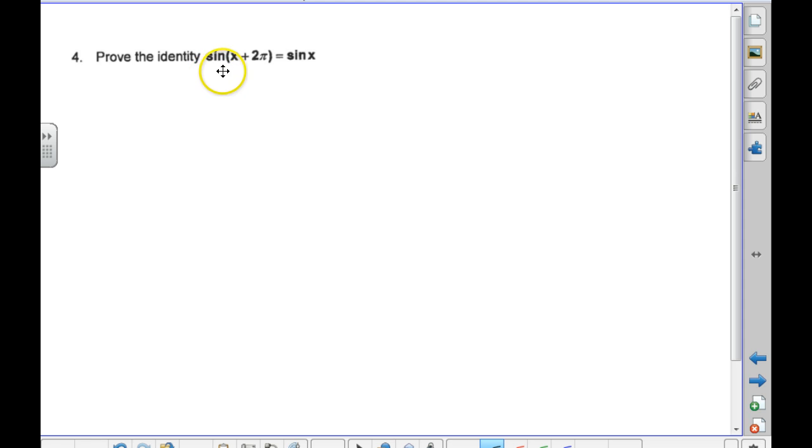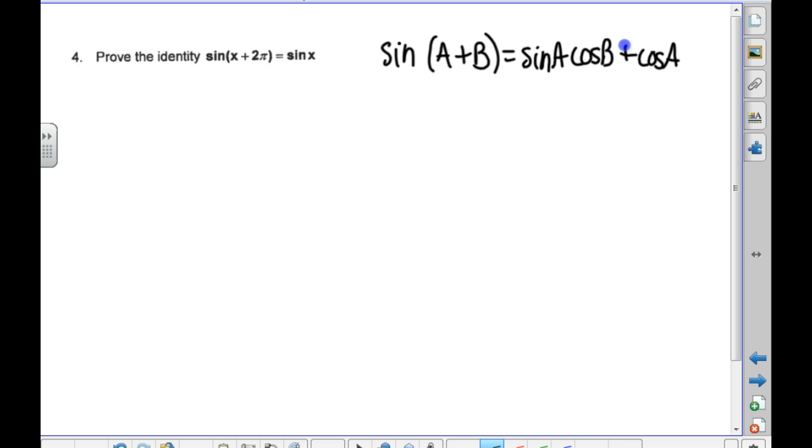Number 4 says, prove this identity. What I am going to use is the sum formula for sine. The sum formula on our sheet says sine A plus B equals sine A cosine B plus cosine A sine B. So you need to expand this left-hand side using that idea.